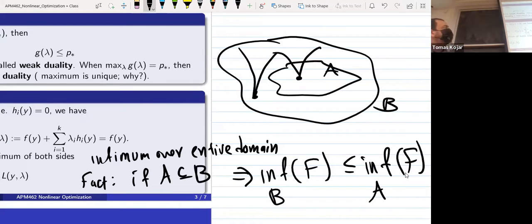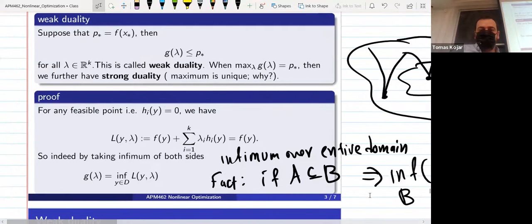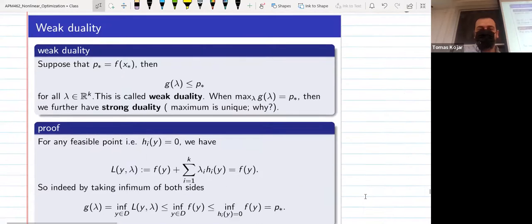That's all. So that's what happens with infimum. And right away, this gives you the lower bound.